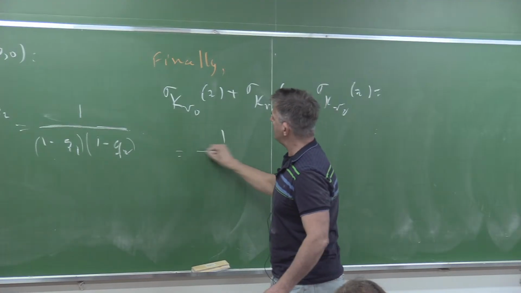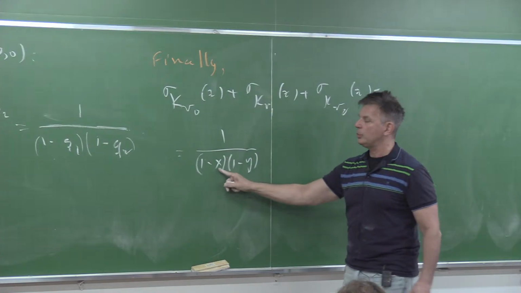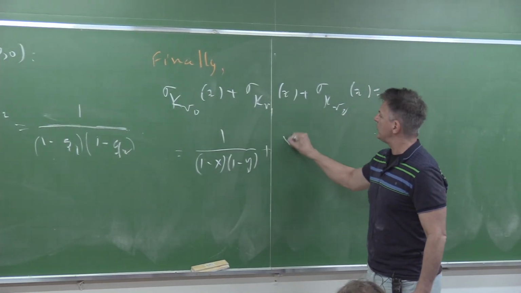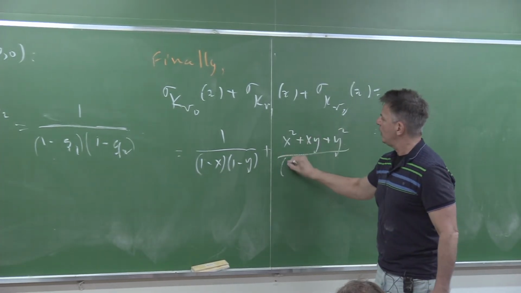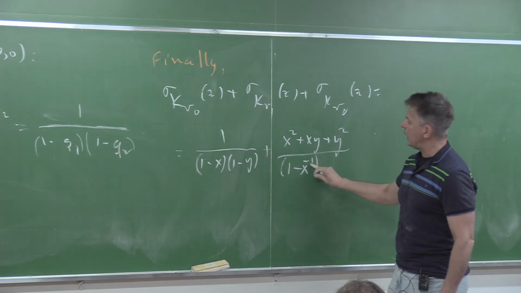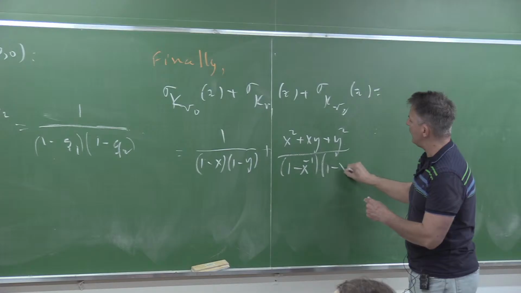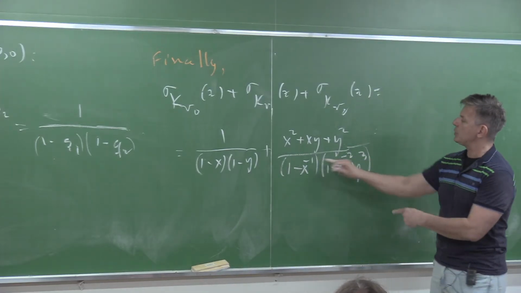Well, we computed the first one was 1 minus x times 1 minus y, where this is e to the 2 pi i z dot vertex and so on. The second one was x squared plus xy plus y squared over 1 minus x inverse. This came from the edge of the cone, and this came from the other edge of the same cone, minus 2 comma 3. So these are the edges of the cones.